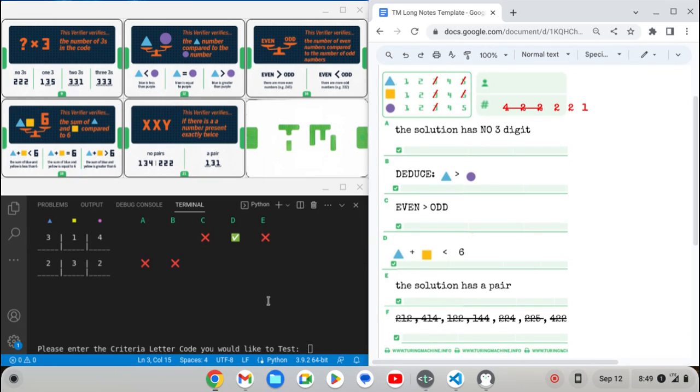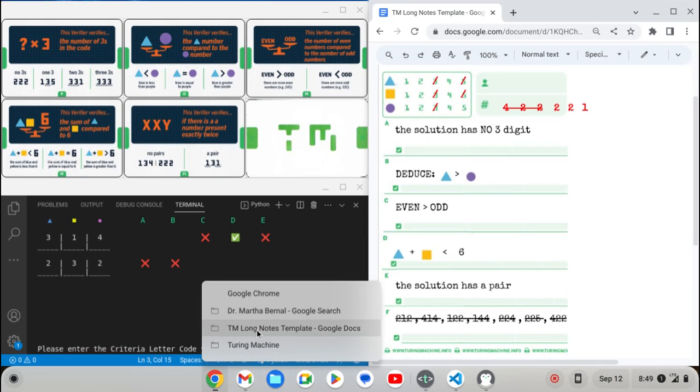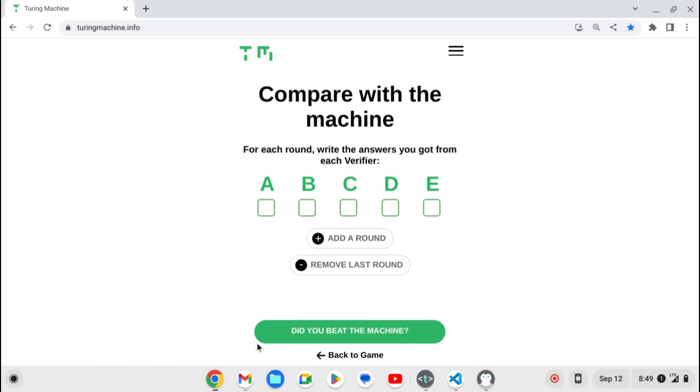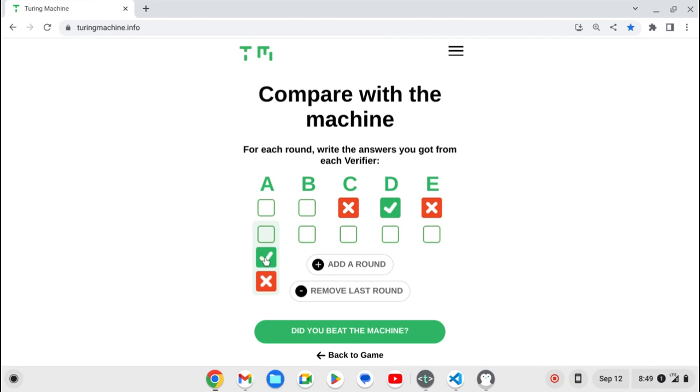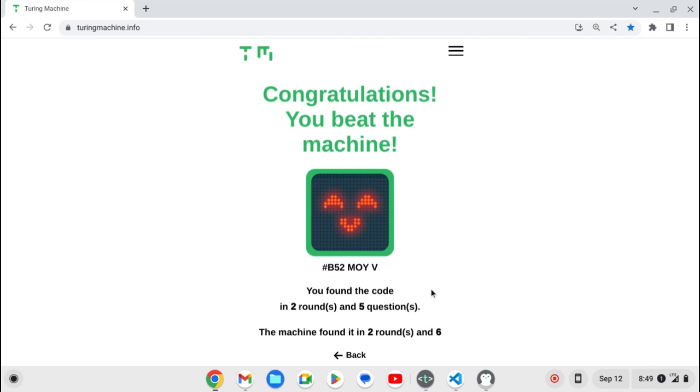So C, D, E were done in the first round, and D was the only correct one. Then we tested A and B, and they're both incorrect.